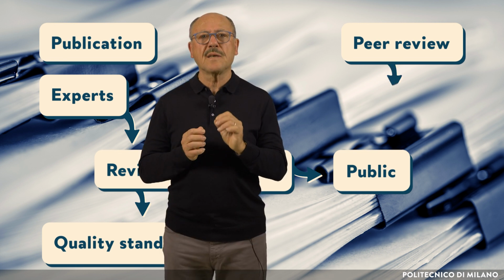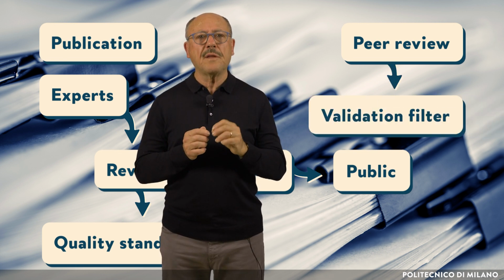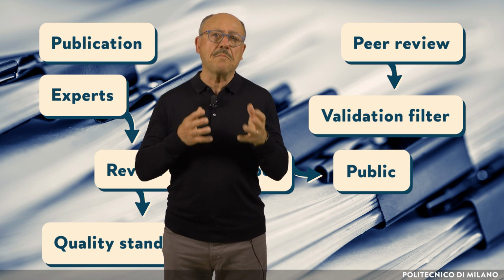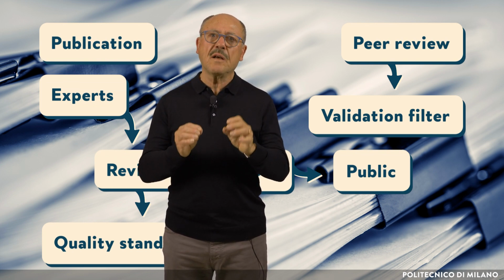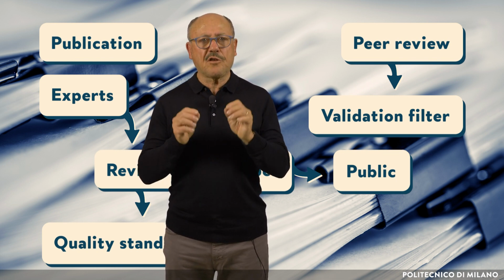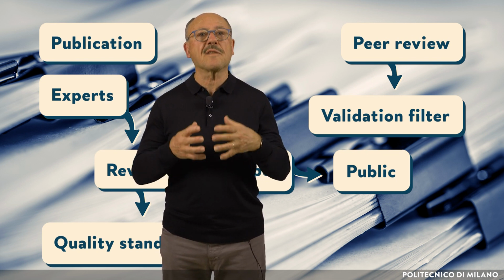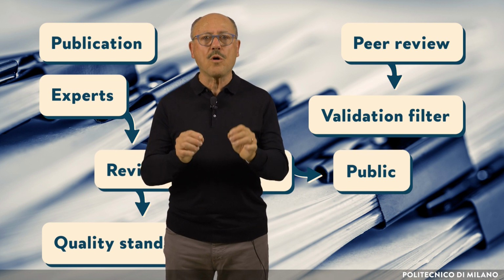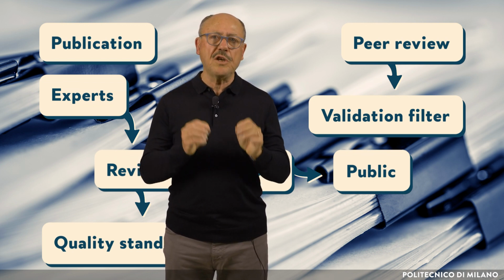Peer review acts as a validation filter that prevents publication of submissions that do not meet the quality standards adopted by the venue. It certifies that the paper has scientific value and is worth being presented to the audience of the venue.